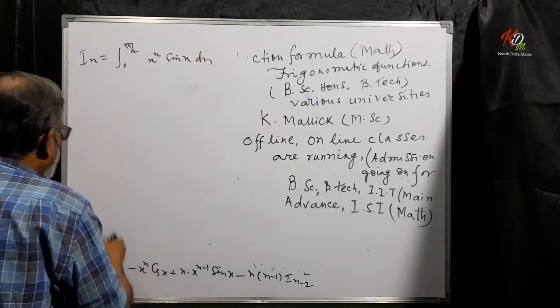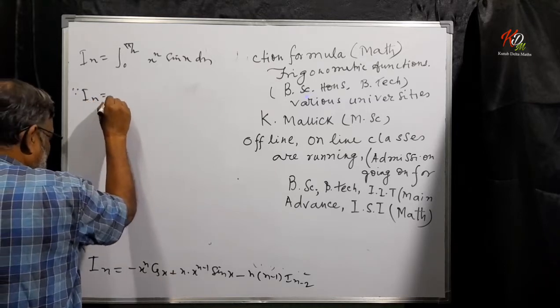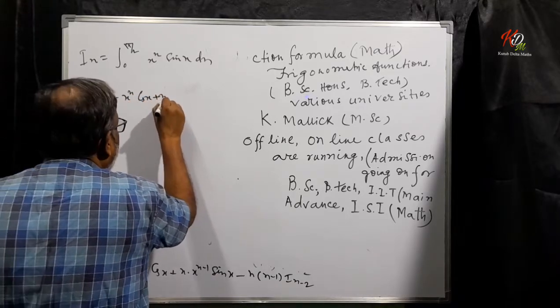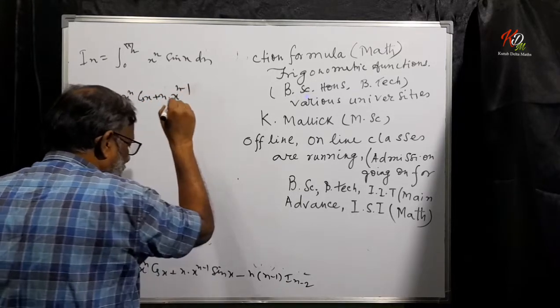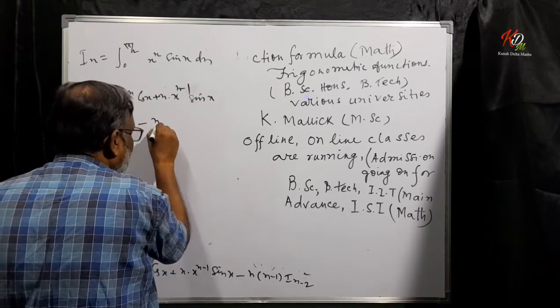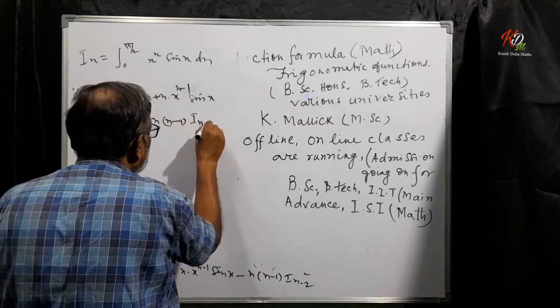Now putting limits 0 to pi by 2, I n equals minus x to the power n cos x plus n into x to the power n minus 1 sin x minus n into n minus 1 I n minus 2.